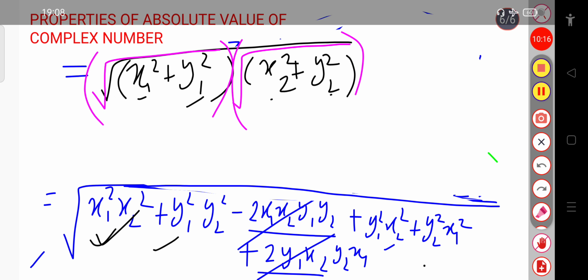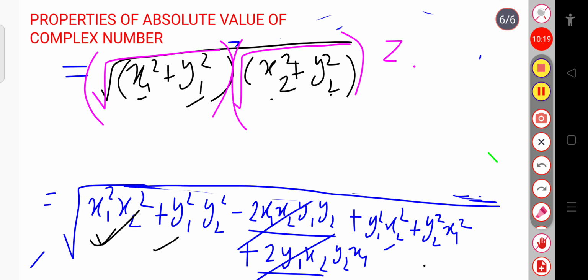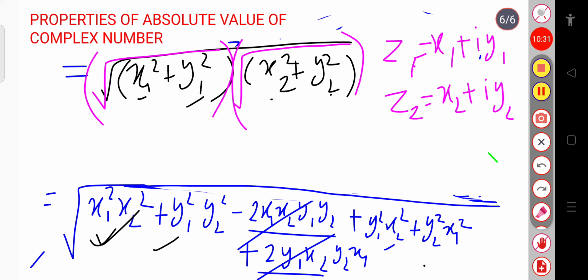You can see that we have considered z1 as x1 plus iota y1 and z2 equal to x2 plus iota y2, and mod z1 is nothing but the root of z1 into z1 star. So that will be simply the root of x1 square plus y1 square.